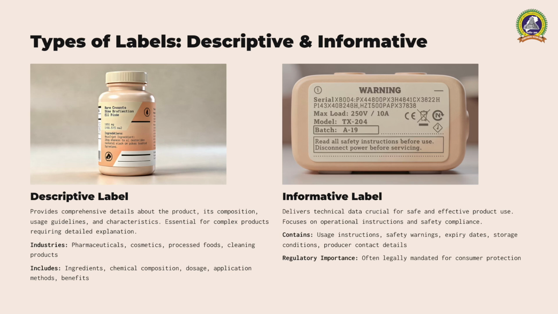It disseminates maximum product information, including quality, manufacturing date, contents, and specific uses. You will often find these types of labels on pharmaceuticals and cosmetic products, where understanding the what and how of the product is critical. Closely related is the informative label. This type of label focuses on specific data points.